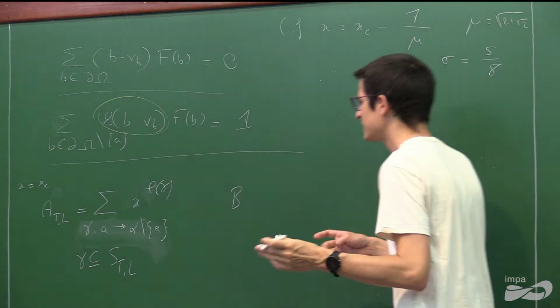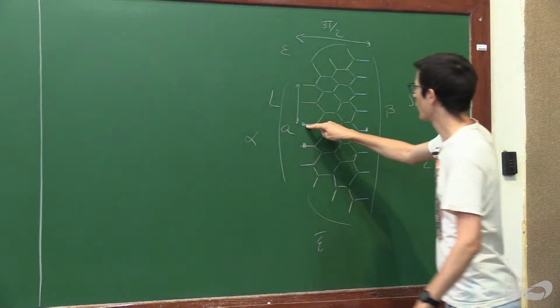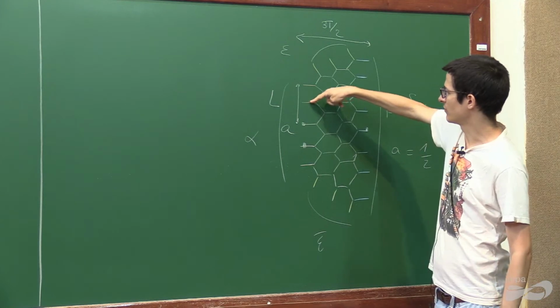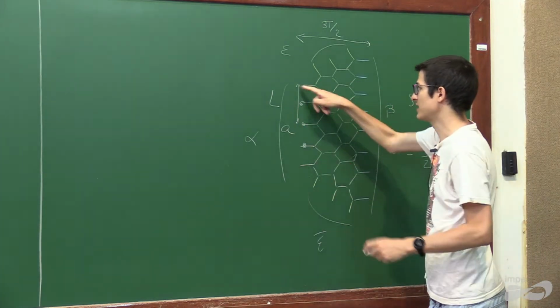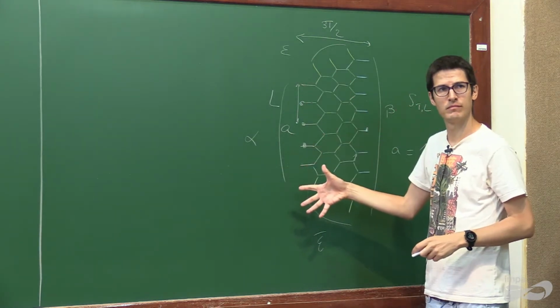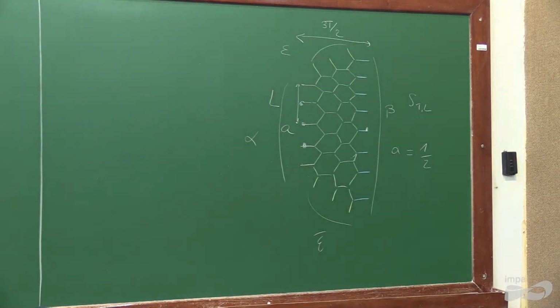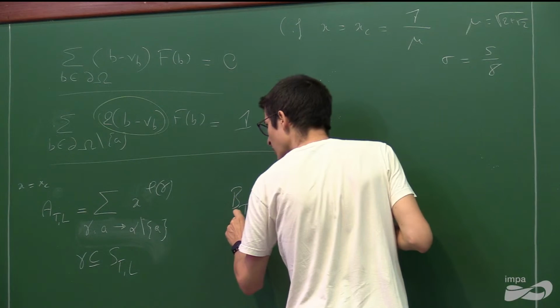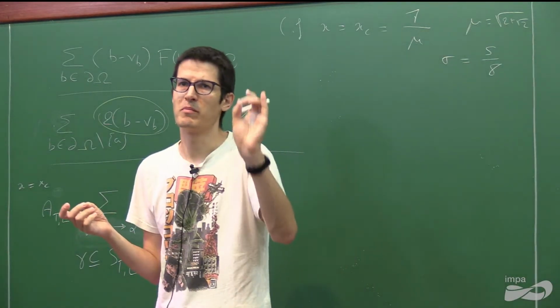So ATL is the set of paths that from A end up in a mid edge which is on the segment alpha, but which is not A. When I say which is not A, I mean that I'm not considering the trivial path of length 0.